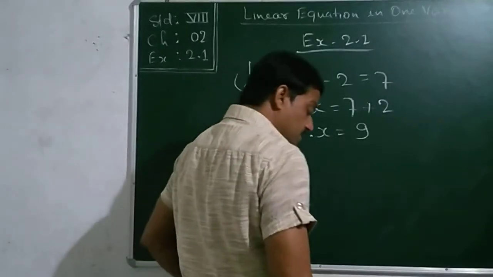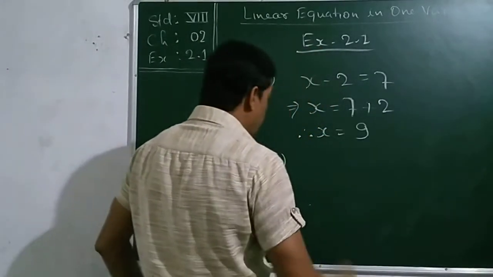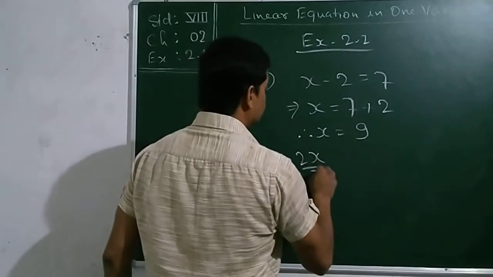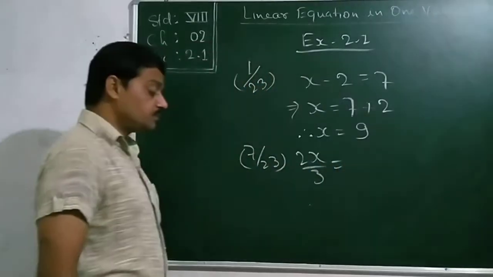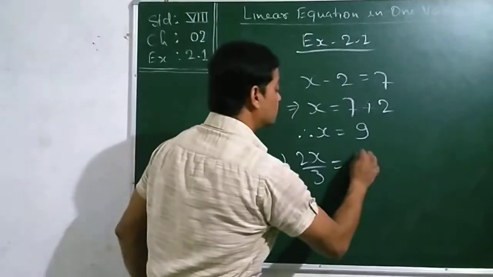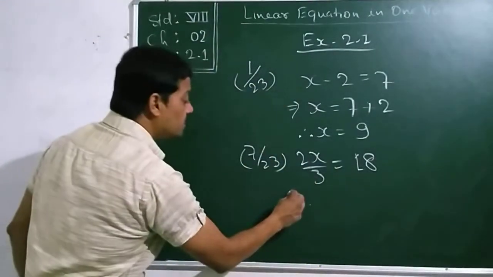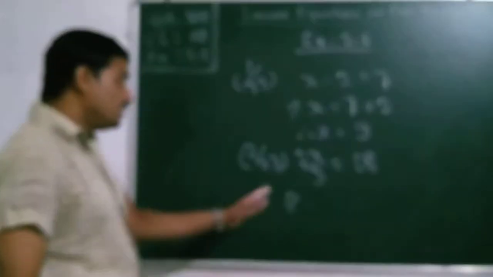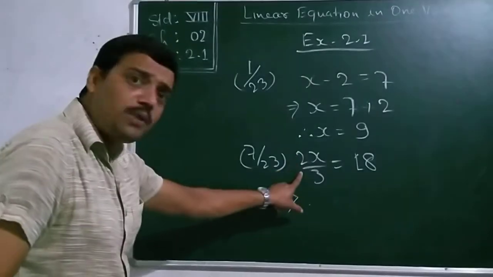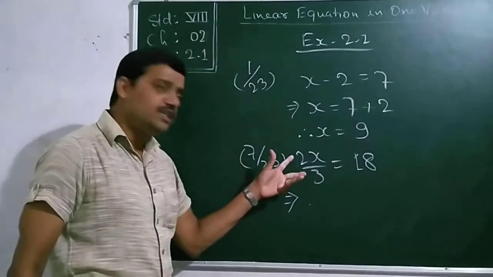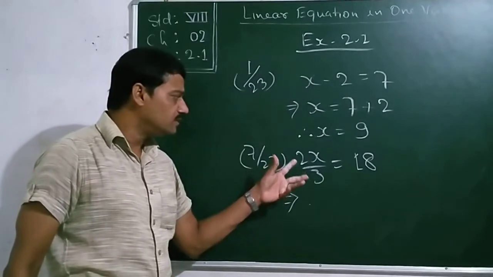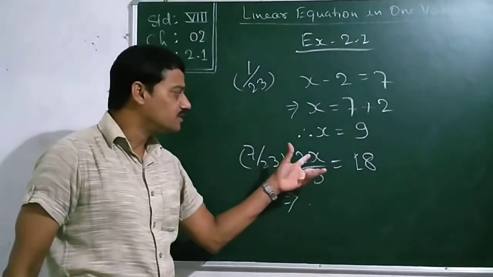In the 7 number sum, it is 2x by 3 equal to 18. See the simplest way to solve this, as 2 by 3 appeared in the form of a fraction multiplied by x.